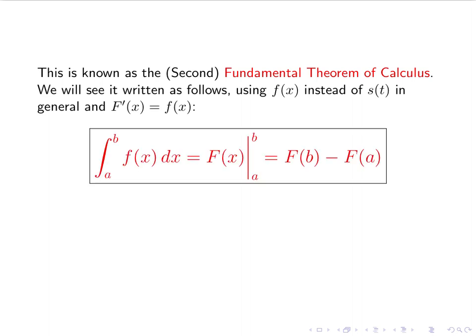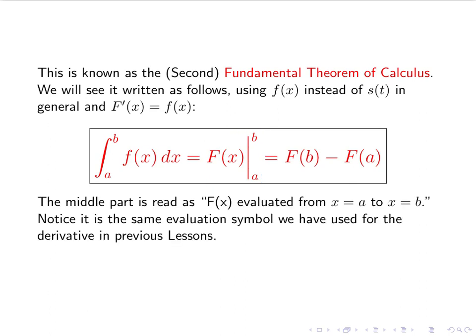So it's the integral from a to b of little f of x dx equals capital F of x evaluated from a to b. Remember, this is that evaluated symbol that we use sometimes in the derivative. And that is equal to capital F of b minus capital F of a. And that just means F of b minus F of a.